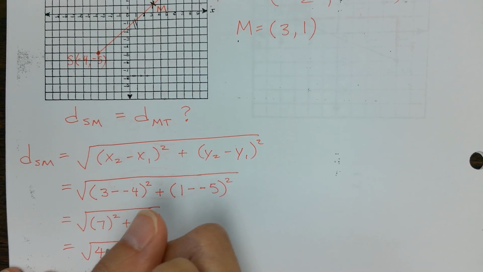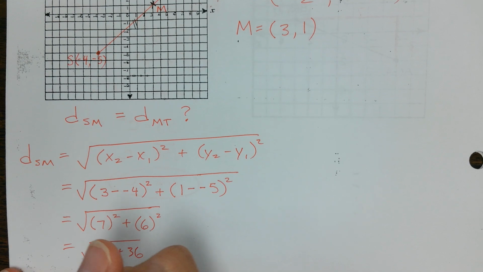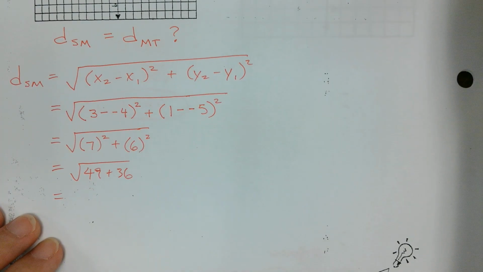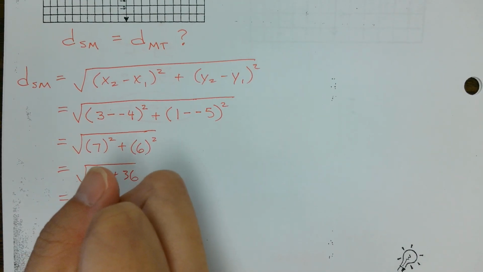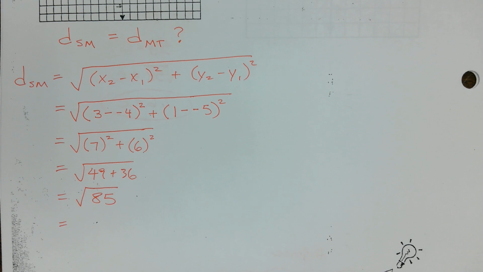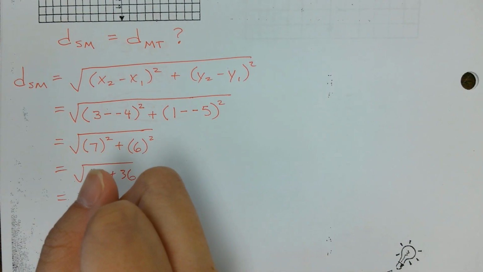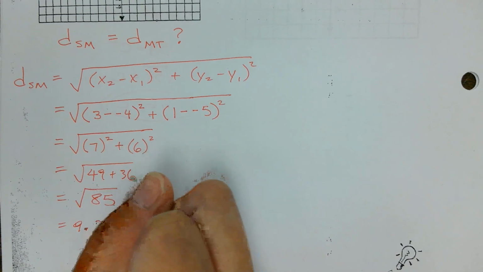So square root of 49 plus 36, what do you get? 85. Okay, square root 85. 9.22.